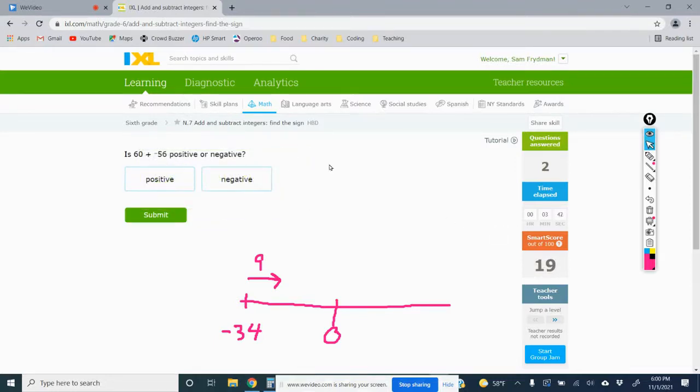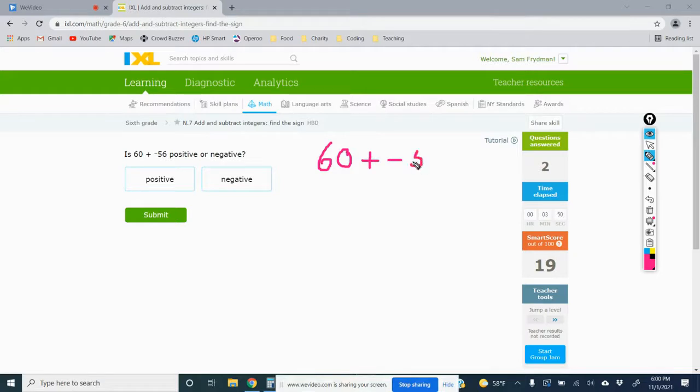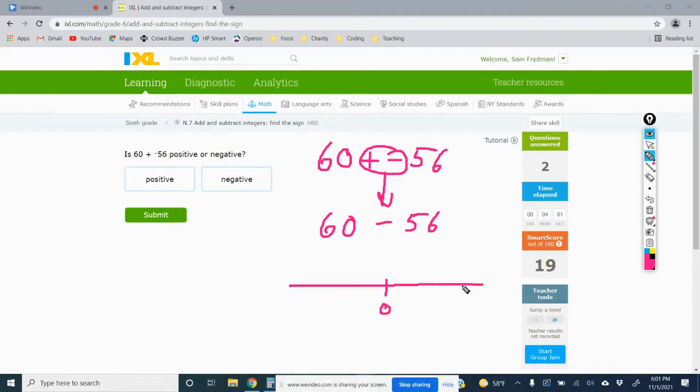Is 60 plus negative 56 positive or negative? Well, adding a negative is like subtracting a positive. So 60 plus negative 56 is like 60 minus positive 56. That means we're starting at 60 on the number line, and then we're moving to the left 56 spaces.